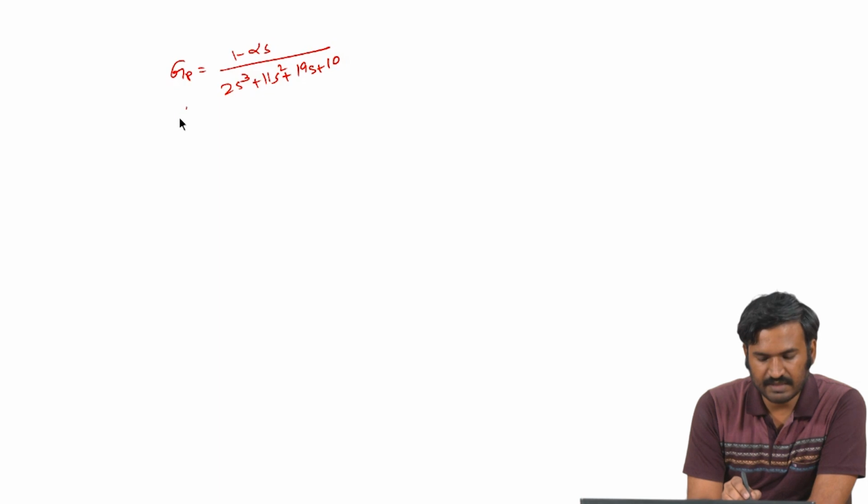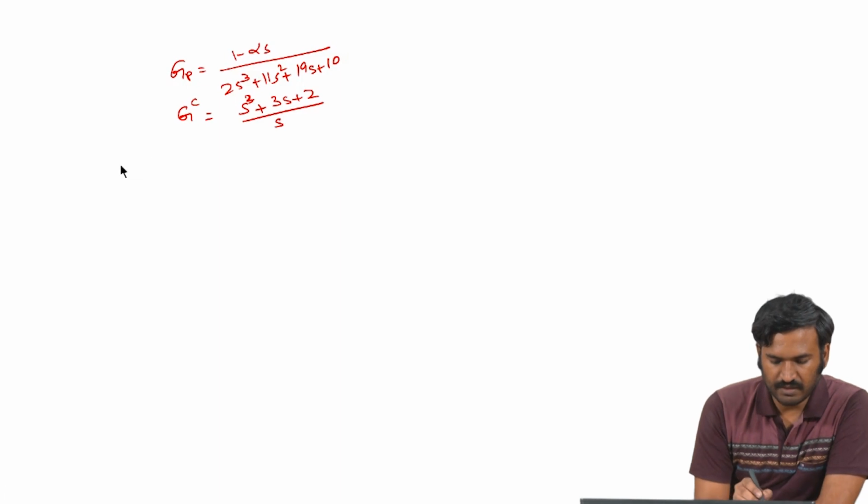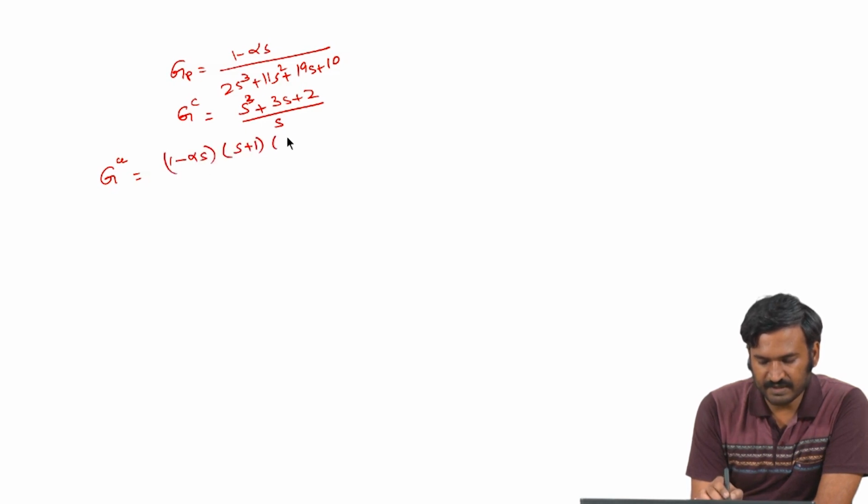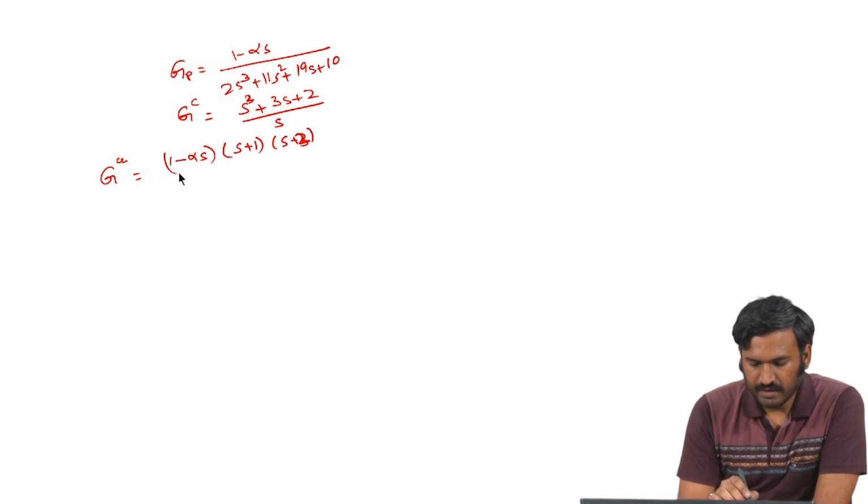Now the Gc is the same which we have used here, s square plus 3s plus 2 divided by s. Now the closed loop transfer function would be 1 minus alpha s times s plus 1 into s plus 2 divided by s into 2s cube plus 11s square plus 19s plus 10, right.